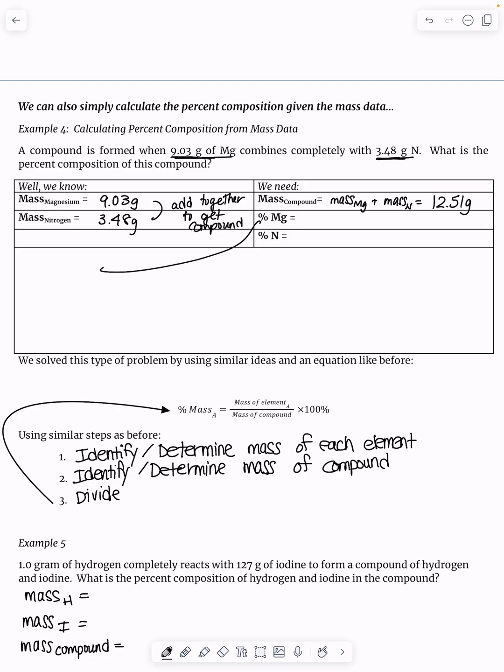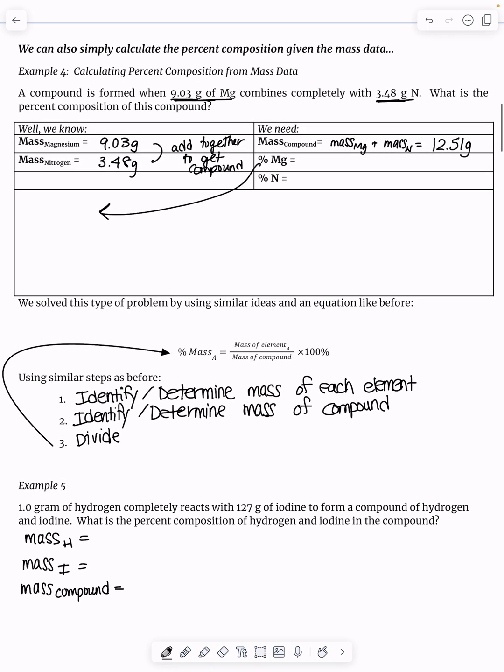Now, if I want to do percentage, same idea here, and I already kind of jumped ahead and wrote it. I need the mass of the element. I need not the molar mass now, I need the mass of the compound. If I divide those two and multiply by 100, I'll get my percentage of each element. So now this is a little bit easier because I already am given numbers. I don't have to do any extra calculations. I don't have to get a molar mass.